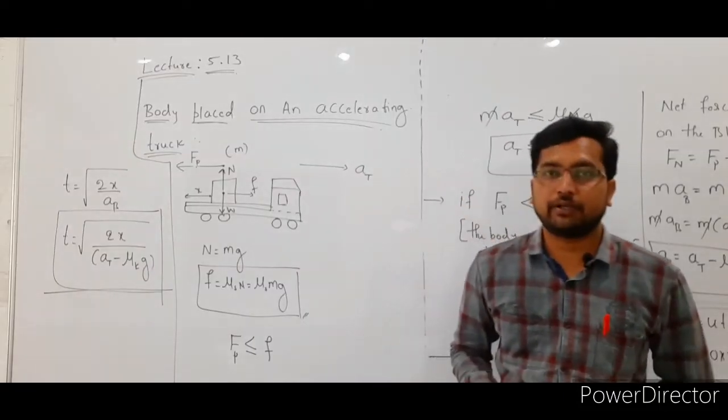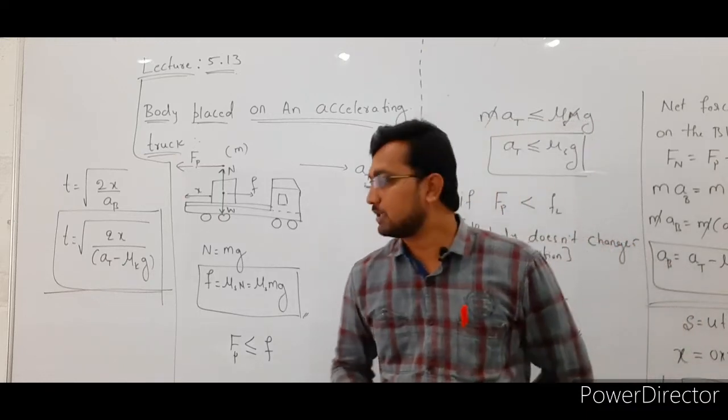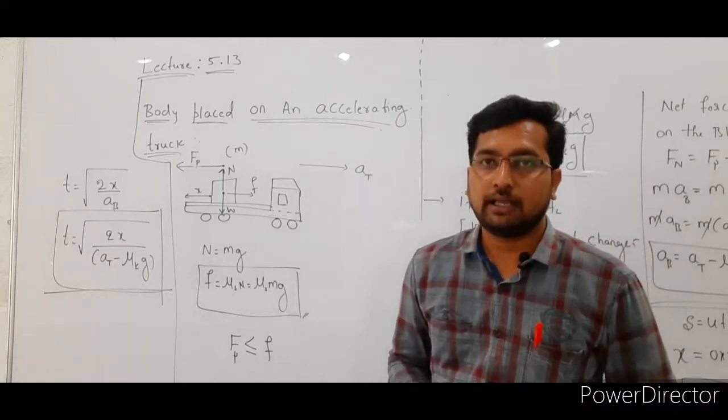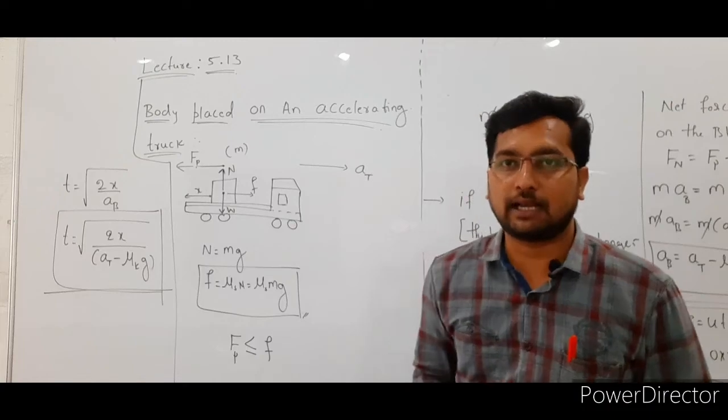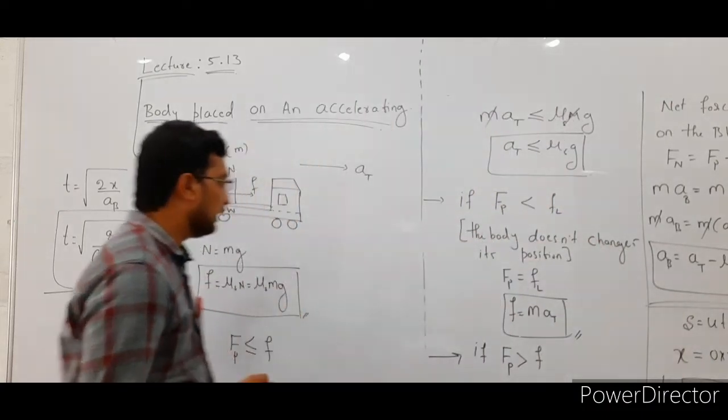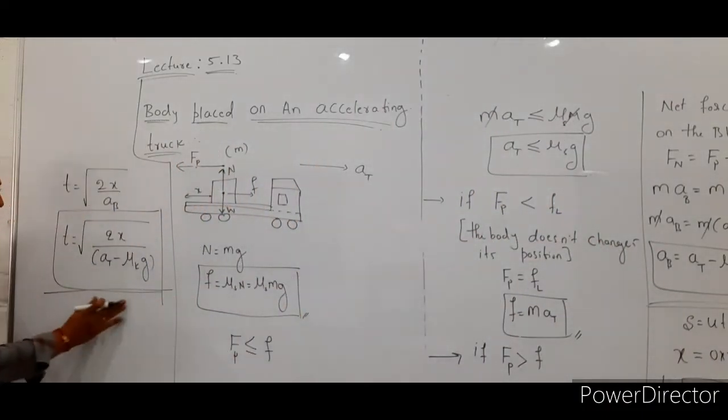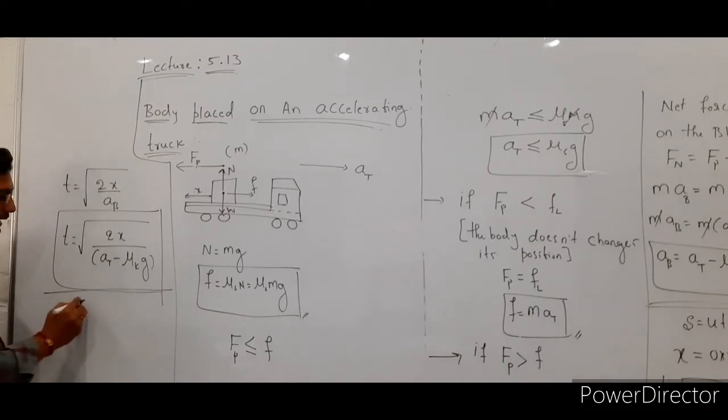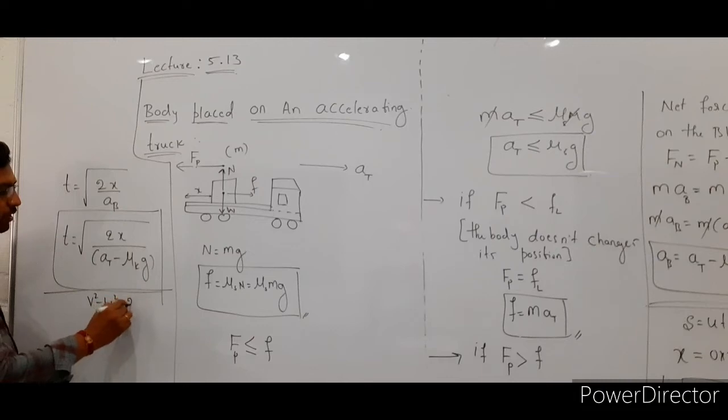Next we are going to calculate the velocity of the block at the instant it leaves the truck. Here we are using the equation of motion v square minus u square is equal to 2as.